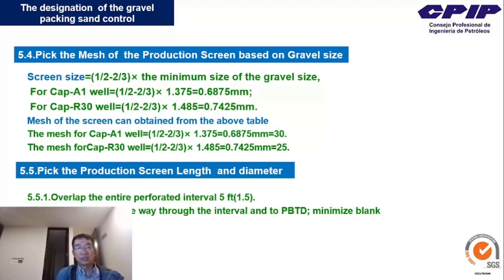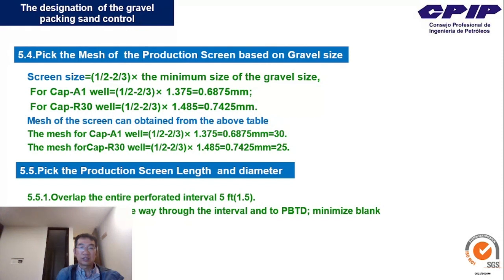The mass of the screen can be obtained from the above table. So the mass for CA1 is 30, and the mass for CR30 is 24.